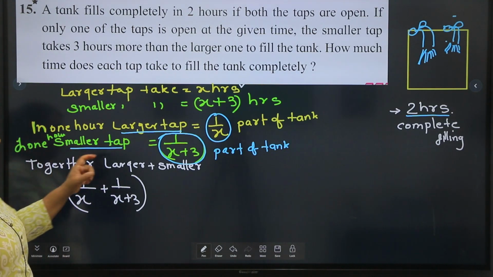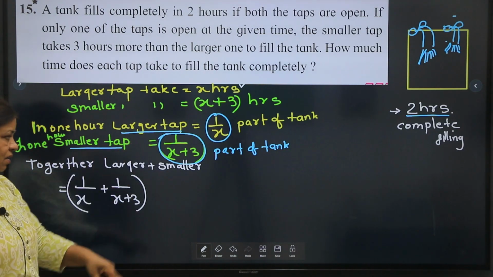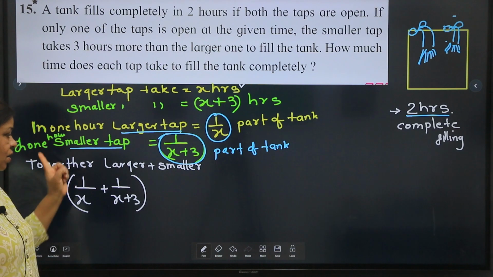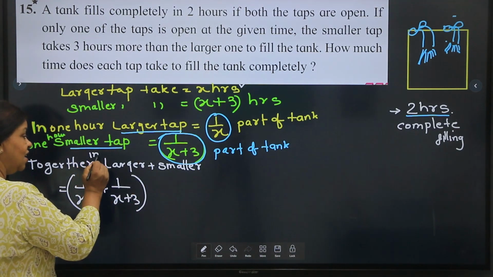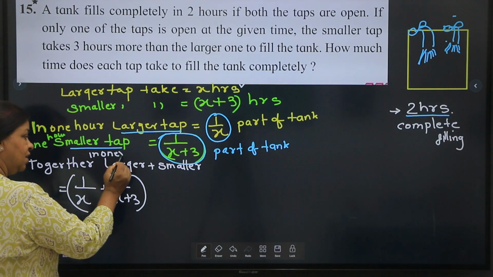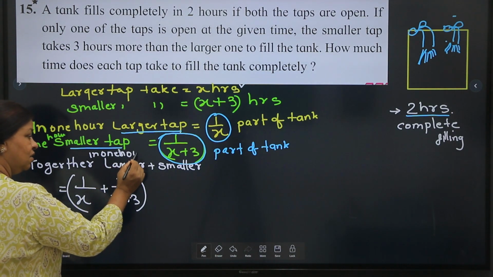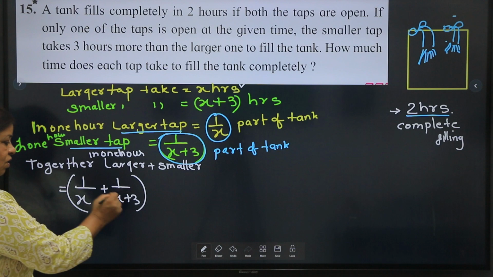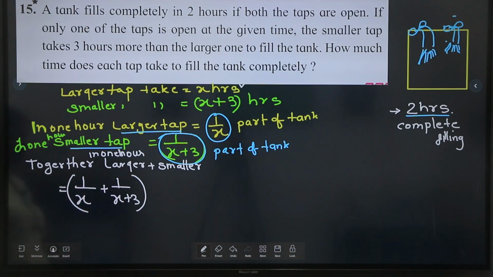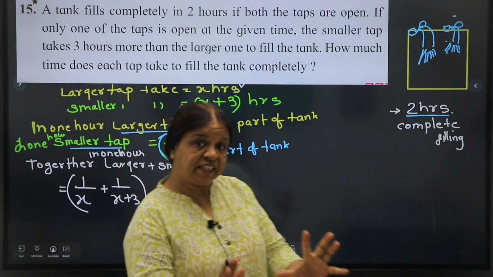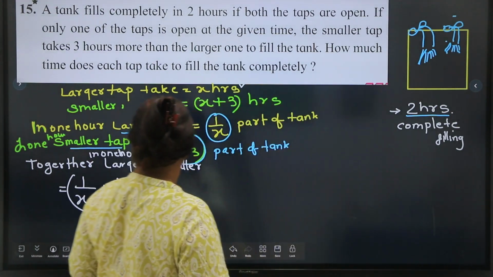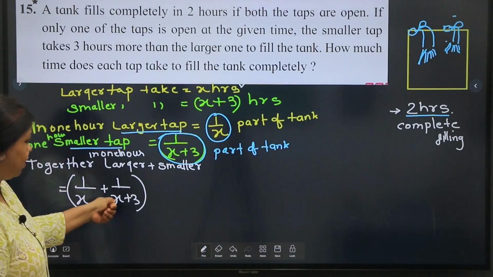The smaller tap alone will fill 1 upon x plus 3 part. And if together they are on, in 1 hour they will fill 1 upon x plus 1 upon x plus 3 part. In 1 hour, both the taps are filling 1 upon x plus 1 upon x plus 3 part.